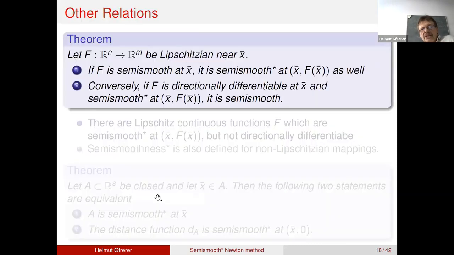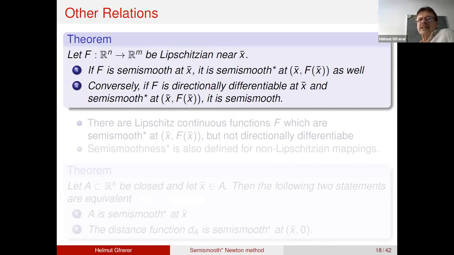What is the relation with the semismooth property? Consider the case that the mapping F is single-valued and Lipschitzian. Then if F is semismooth in the sense of Qi and Sun, it is also semismooth star.